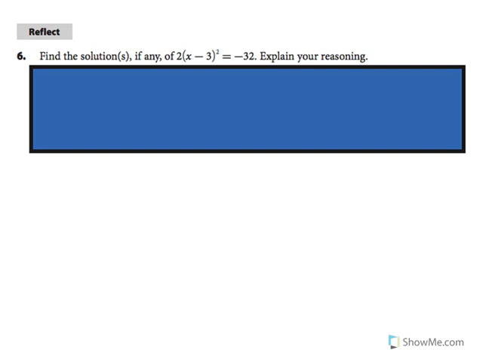Okay, so now we want you to try this one on your own. Find the solution, if any, of 2 parentheses x minus 3 squared equal to negative 32. Right, so the first step is to divide by 2 on both sides. So we have x minus 3 squared equal to negative 32 divided by 2, which gives us negative 16.